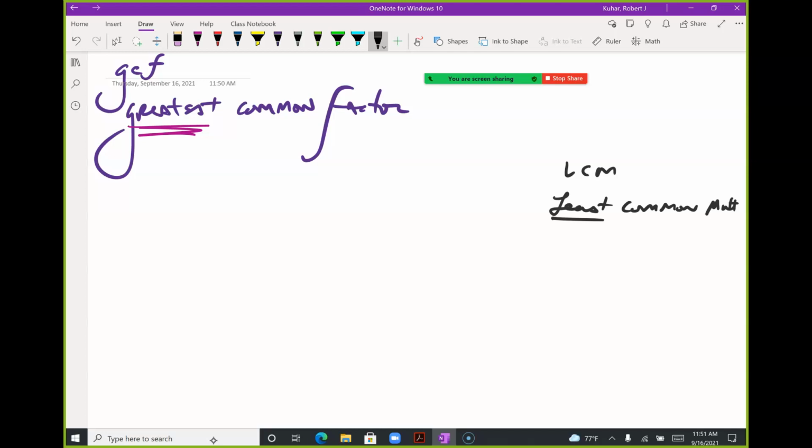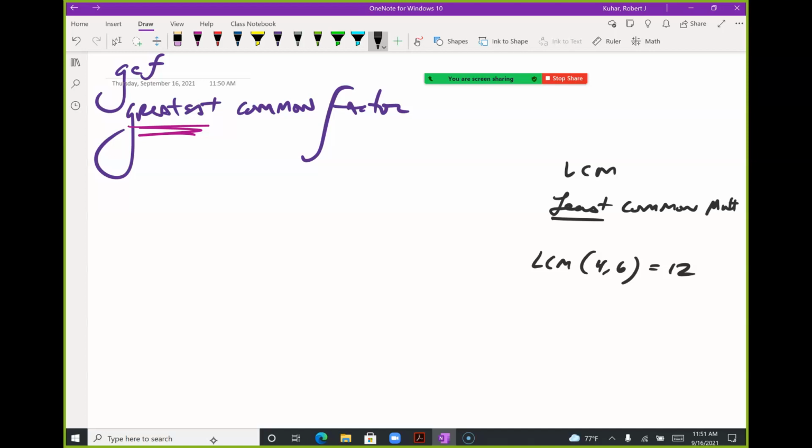We had 4 and 6, so the LCM of 4 and 6 turned out to be 12. Notice that the least common multiple is larger than the other numbers. So this is a little counterintuitive. The least common multiple is a bigger number, and the greatest common factor is going to be a smaller number.